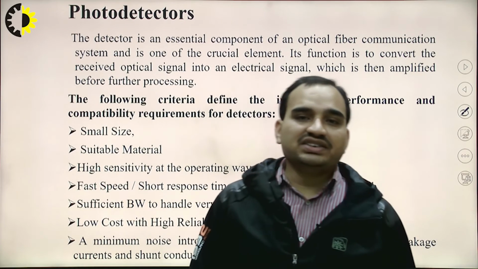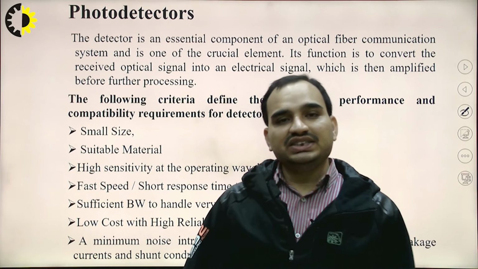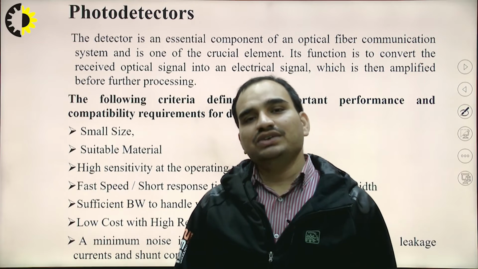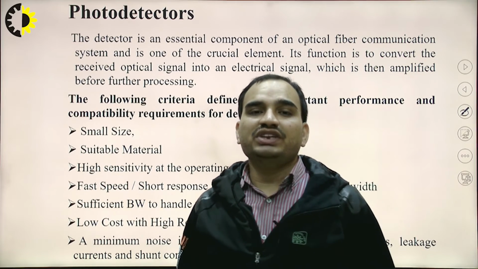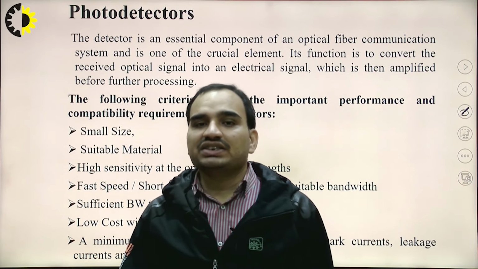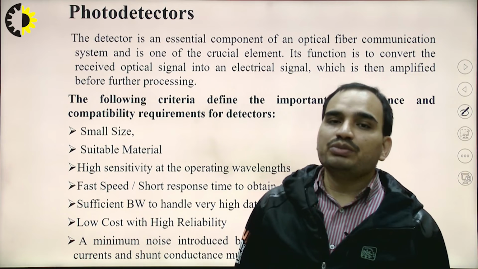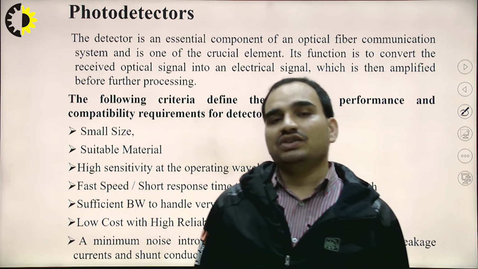Now the next topic we are going to start with is the photodetector. At the receiver side, to sense the photons or the light, we need some sensor or transducer that converts the light energy to an electrical signal so that we can process it and decode our information.